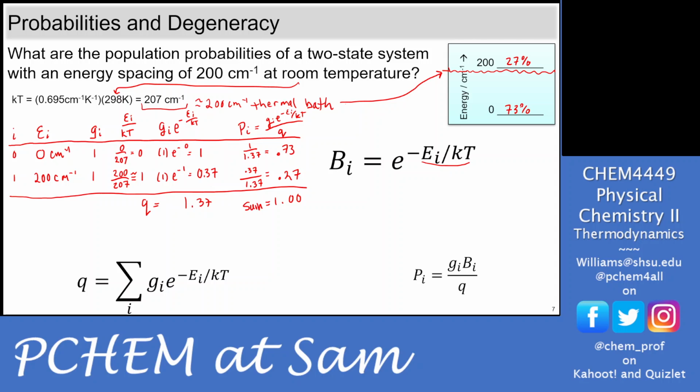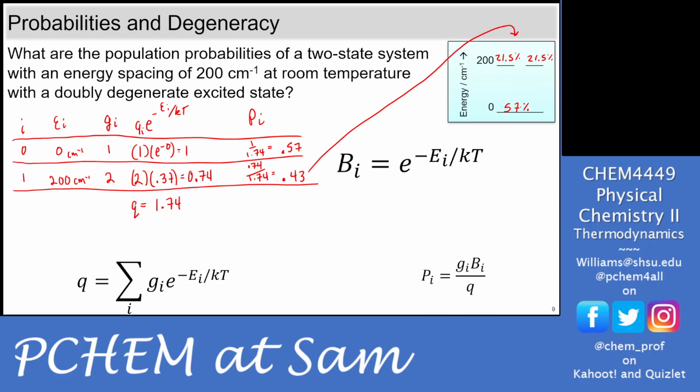All we did was add another chair at the excited state, and now we have 43% excited. Isn't that crazy? It's totally statistical, but that's represented in nature. We see that. That just kind of blows my mind. I like to point that out because it's a head scratcher. More molecules are excited just because there's an opportunity there. When you add more degeneracy, you're going to have more molecules in the excited state.